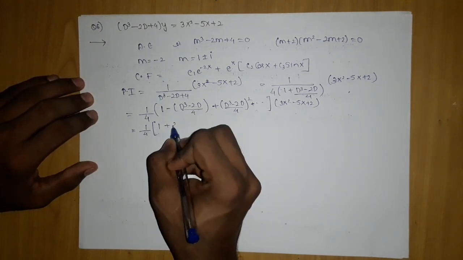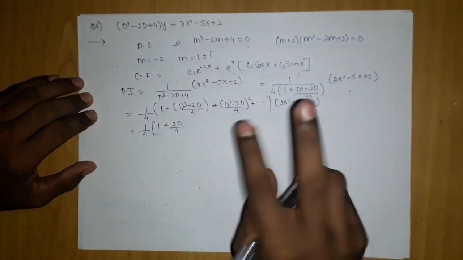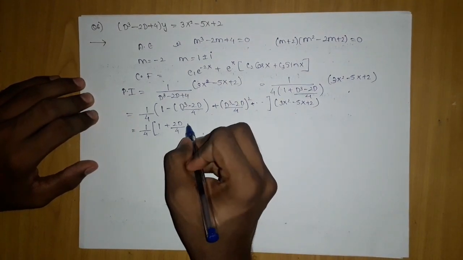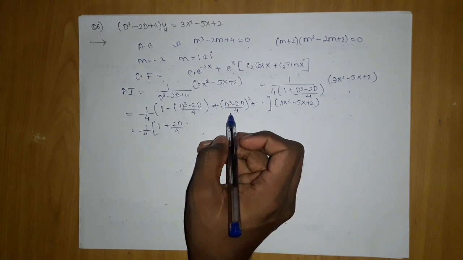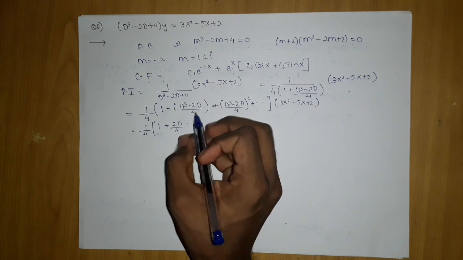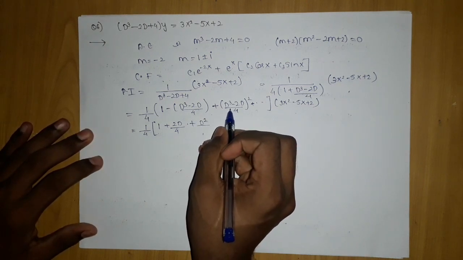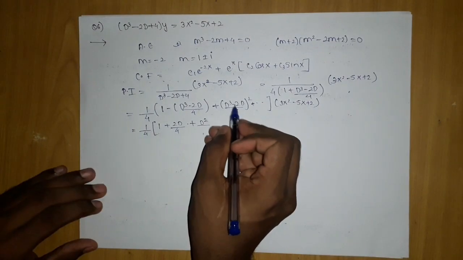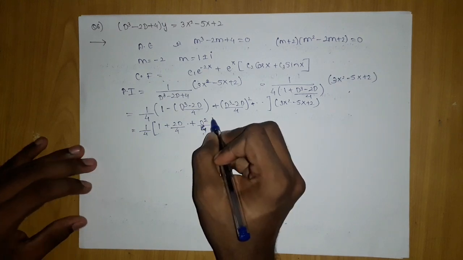So 1 plus 2D by 4. From here we know only this term will come, 2D square is 4D square, 4D square by 16 will cancel out, and we are left with D square by 4 only. In the middle it will be negative D square by 4. So we are getting this thing.